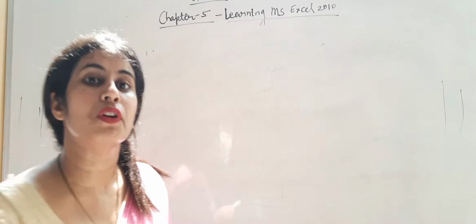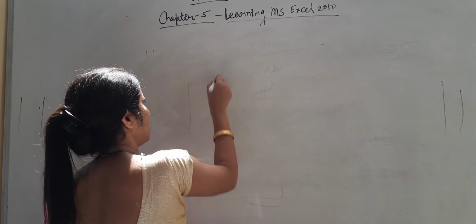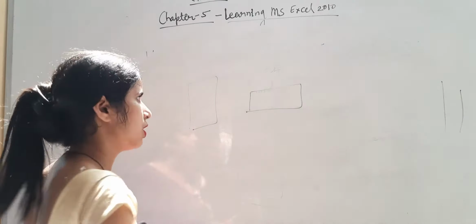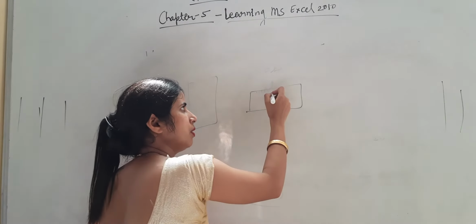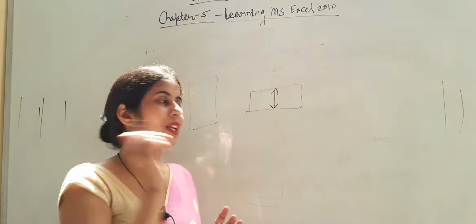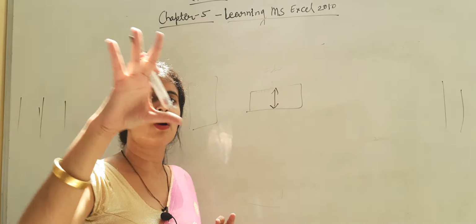Now directly if you want to change the row height and column width, this is a column and this is a row. To change it directly, you have to drag the row. Click on this row and drag the mouse pointer.